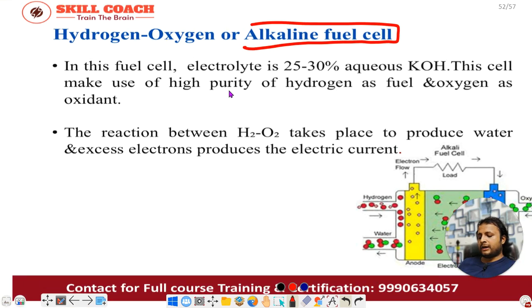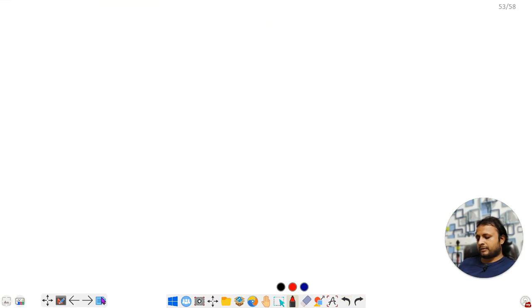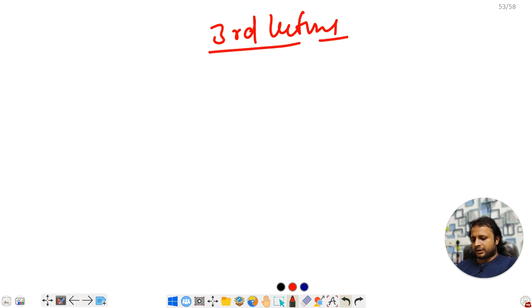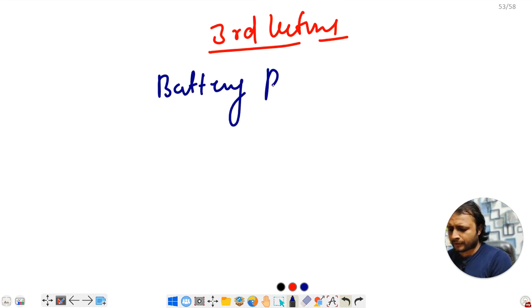So let us make a quick note for the third lecture, what we are going to do. In the third lecture we will do battery pack modeling.